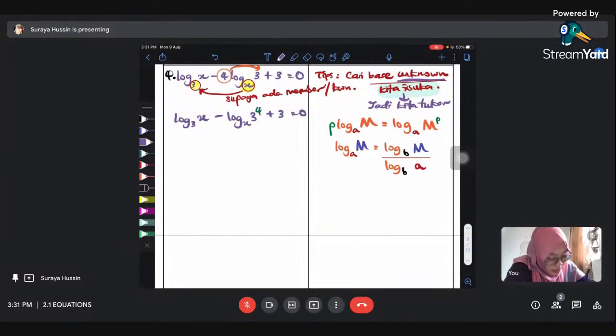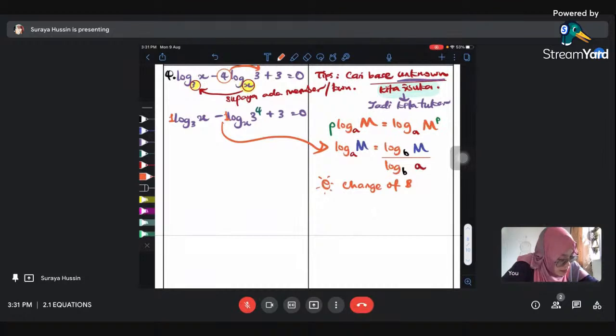Okay, so now after dah bawa dia naik atas, means saya ada coefficient 1, kan. So coefficient 1 ni lah yang membuatkan kita dengan happy-nya boleh apply changing of base. This is what we call as, hafal, formula yang keempat adalah change of base.